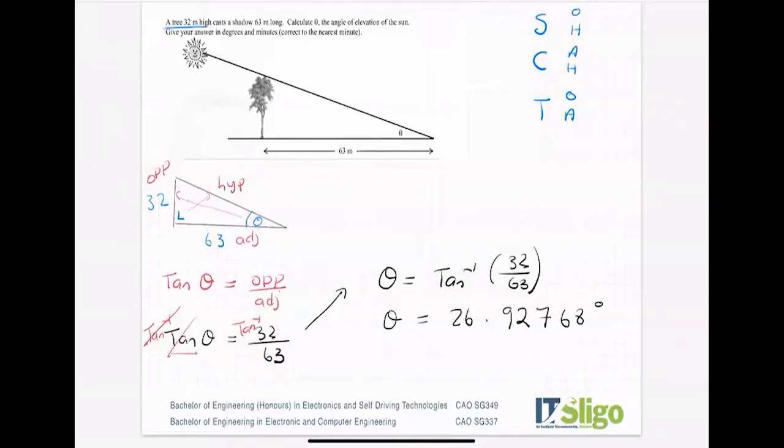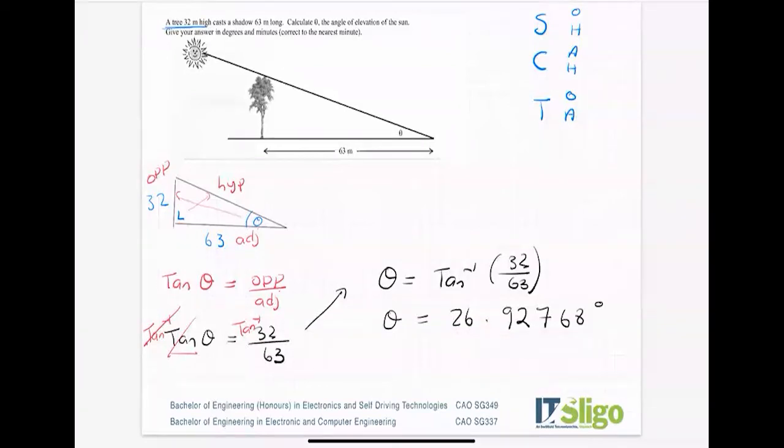So you can measure angle in degrees, minutes, seconds, a bit like time on a clock. So if you are measuring time on a clock, or how long does it take you to go to Dublin, for example, if you do a calculation, you might get 3.5 hours. So you could give your answer as 3.5 hours, or you could say 3 hours, 30 minutes. So angles work the same way.